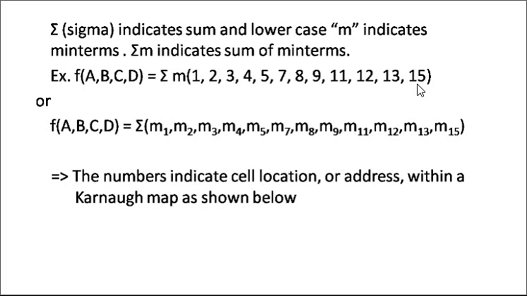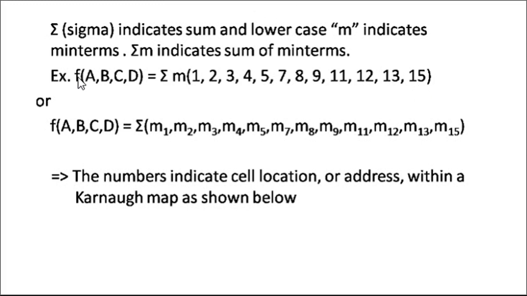It contains 15. 15 is a decimal number, and if you convert it into binary, it is 1, 1, 1, 1, meaning four 1s. That means we require 4 variables.